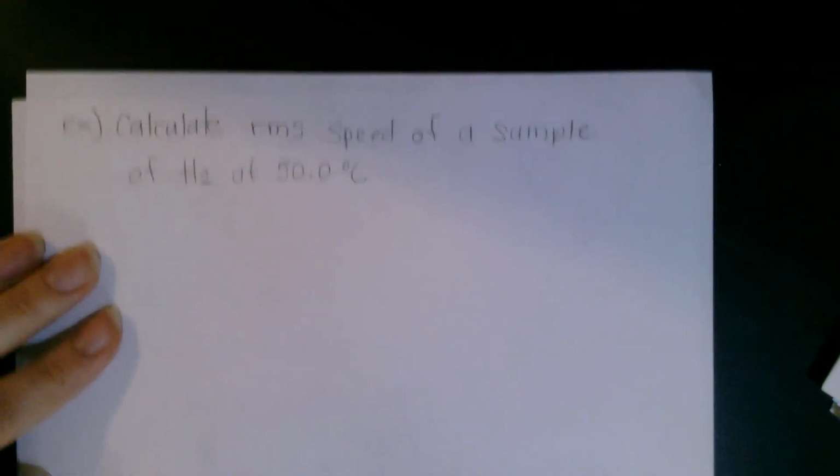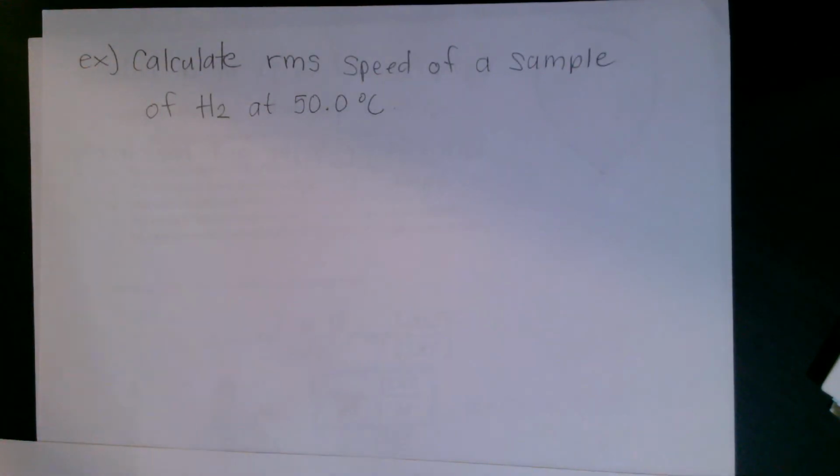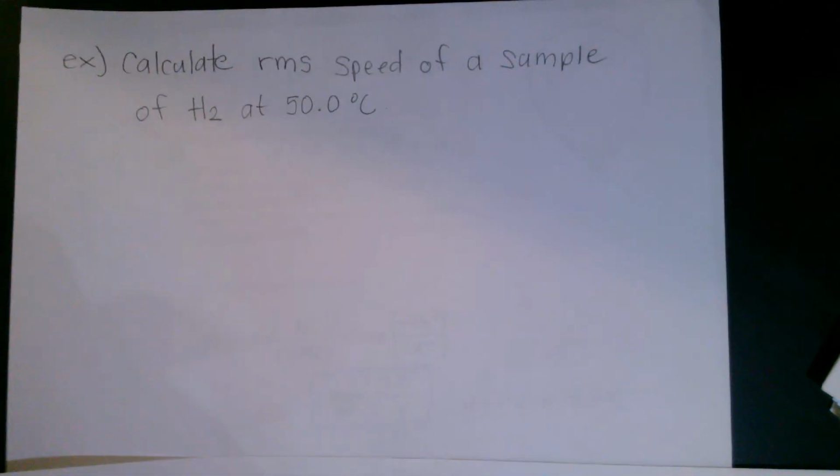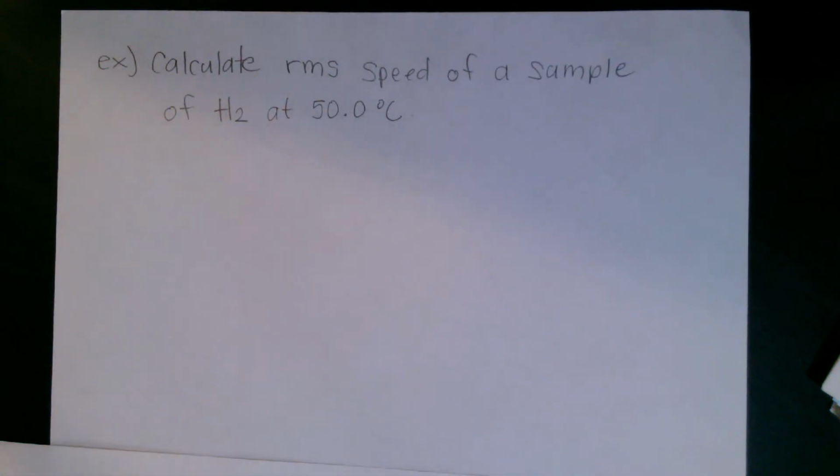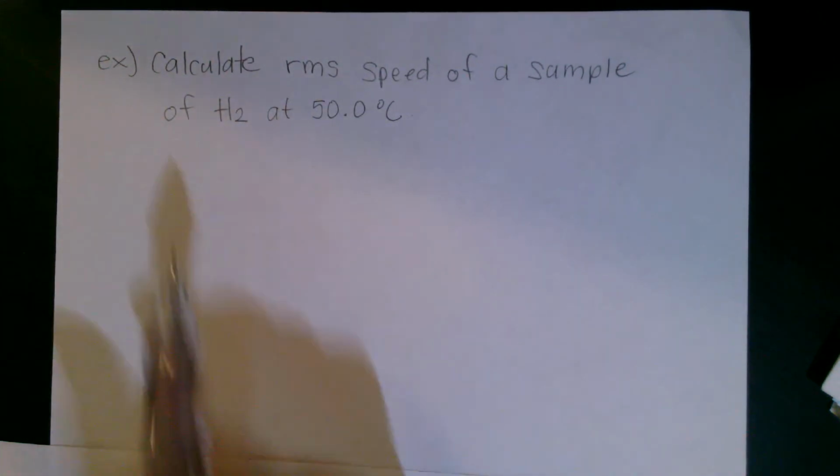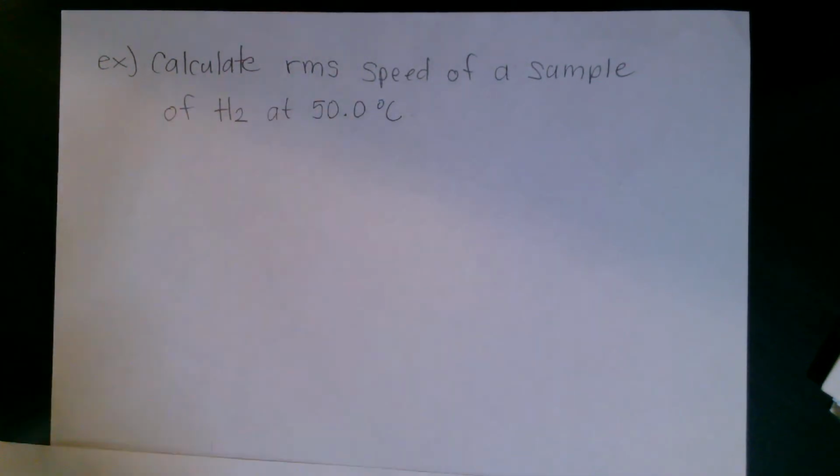Okay, so we want to calculate the root mean square speed of a sample of hydrogen at 50 degrees Celsius. Again, the only things we need are the molar mass, which we can get because we know the identity, and the temperature.